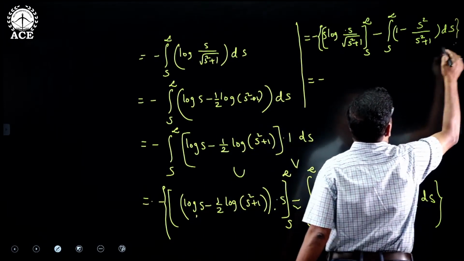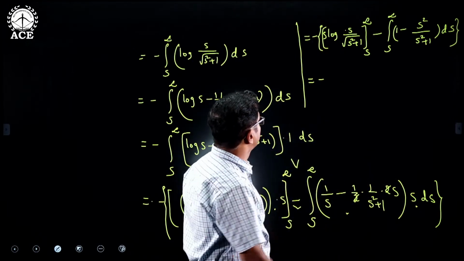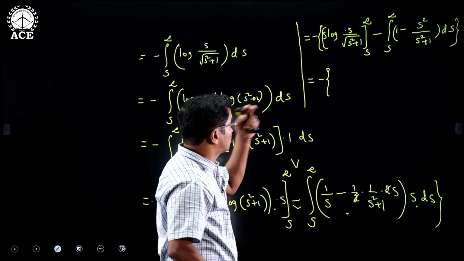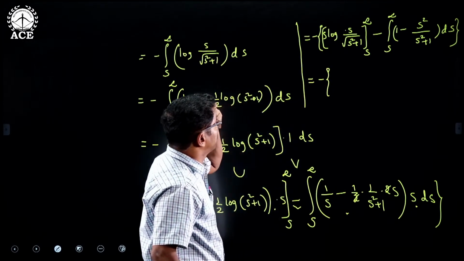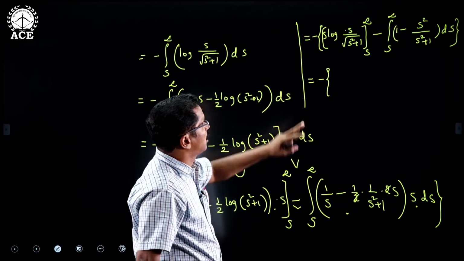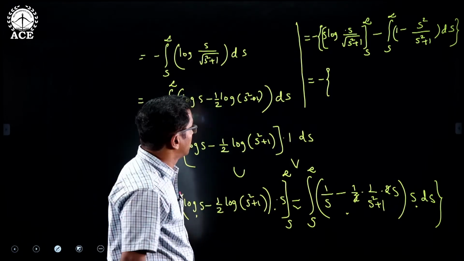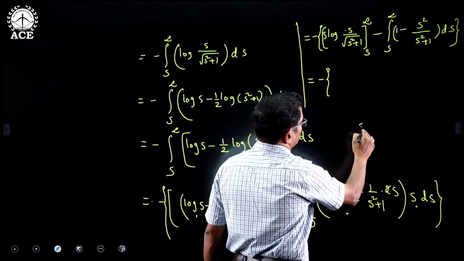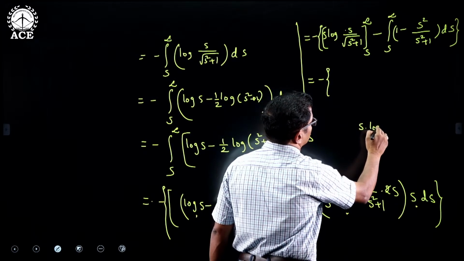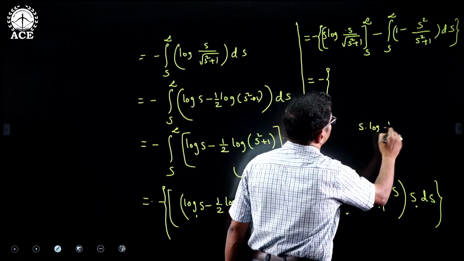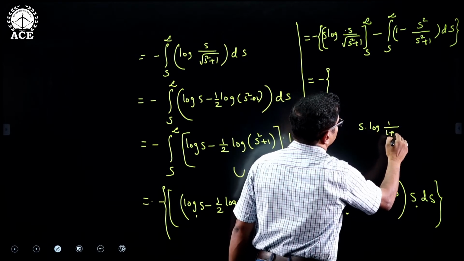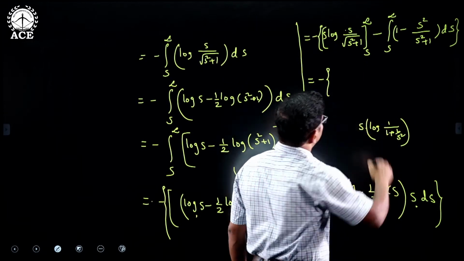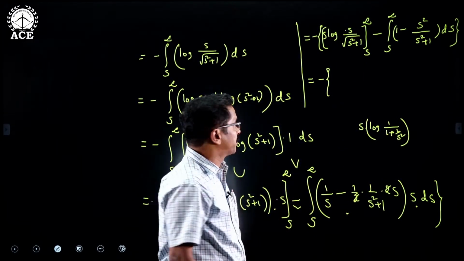That minus symbol is common in all. For the upper limit, this one is going to be 0. S into log of s by root of s square plus 1, as s into log of 1 by root of 1 plus 1 by s square, its expansion and applying the limit, the term is going to be 0 for the upper limit.